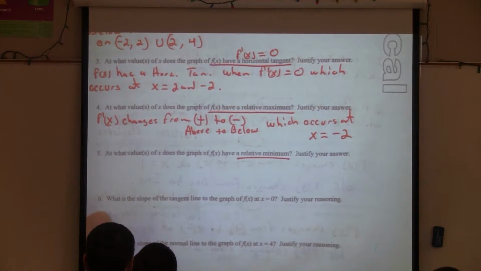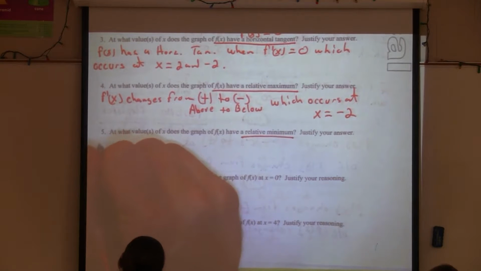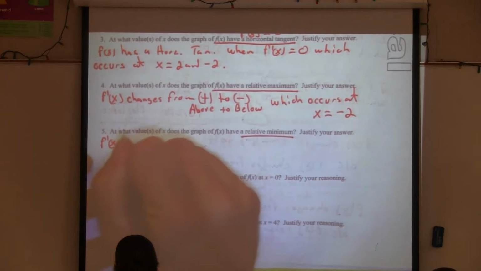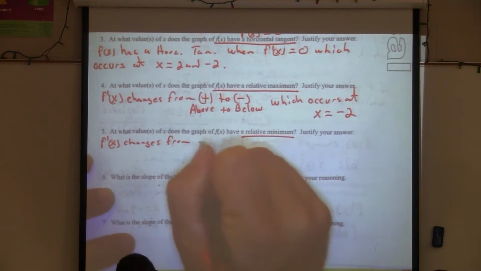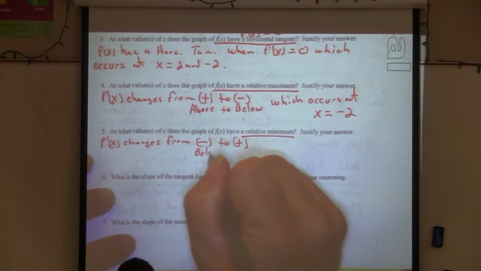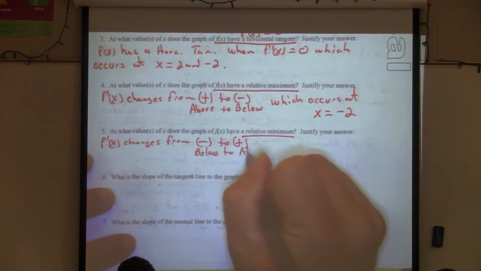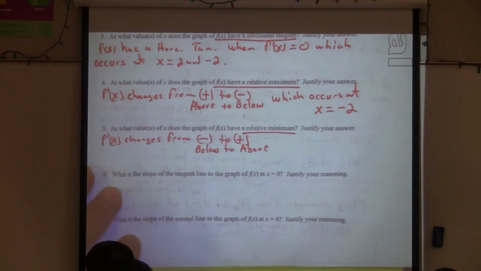Okay. Where do we have a relative minimum? When does that happen? When the derivative changes from what? Negative to positive. From being where? Below to being above. Where does that happen?